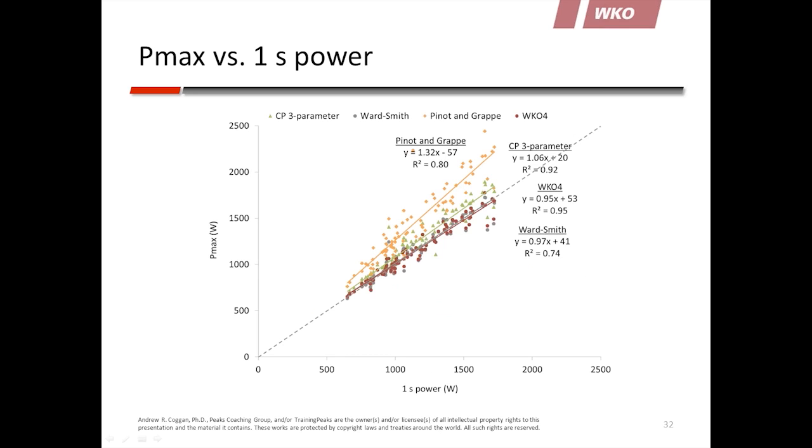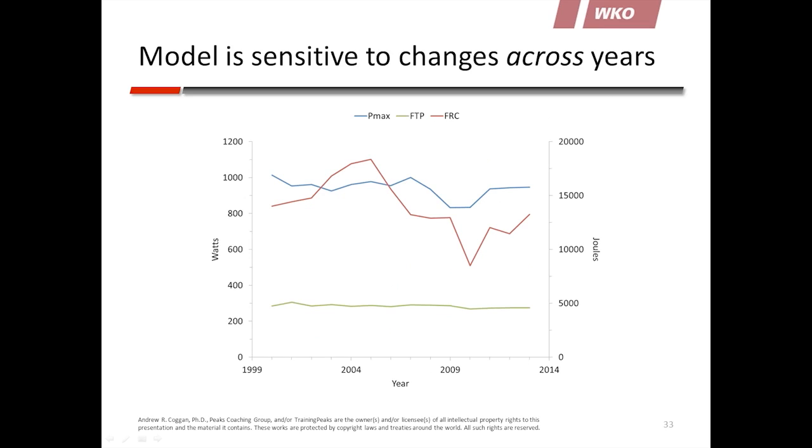They're good on average, but you can see there's a much higher correlation, much higher R-squared with the WKO4 model than even the Ward-Smith model. As well as with FTP, the new model also outperforms these other models in its ability to predict somebody's true maximal power.